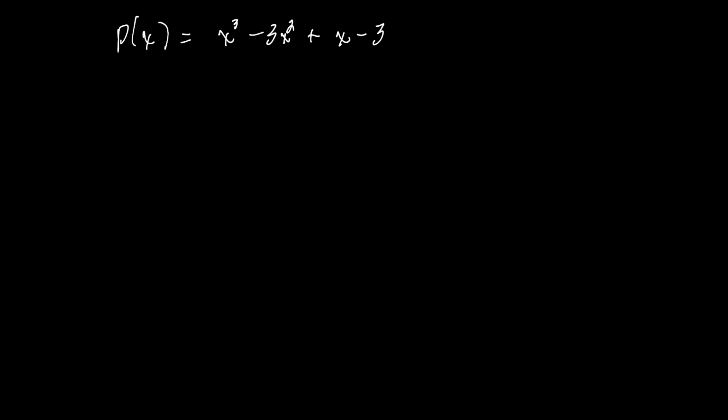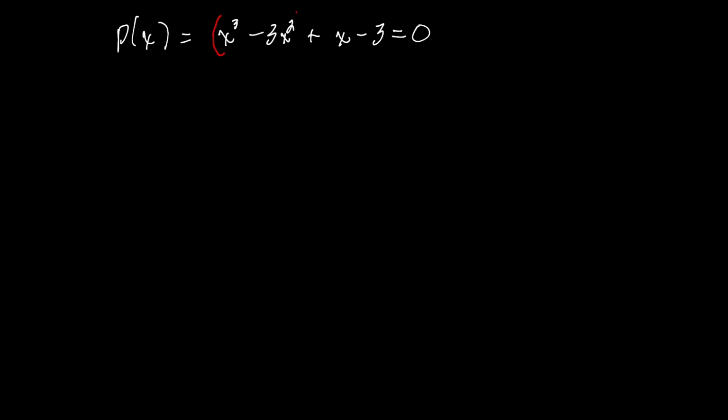The first thing I would do if I were going to solve this is set it equal to 0. And I notice that I have an x minus 3 and an x minus 3. So I'm going to factor this by grouping. This works out kind of nicely here.